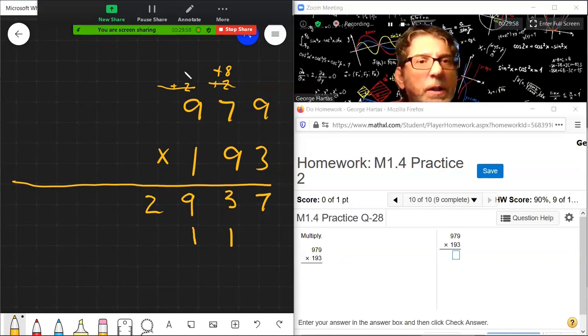Right-hand digit, left-hand digit. 9 times 9 is 81. 81 plus 7 is 88. Right-hand digit, left-hand digit, create a new column.